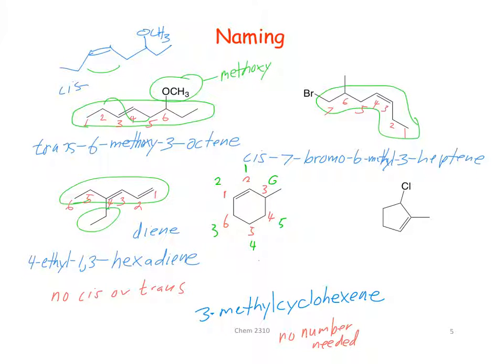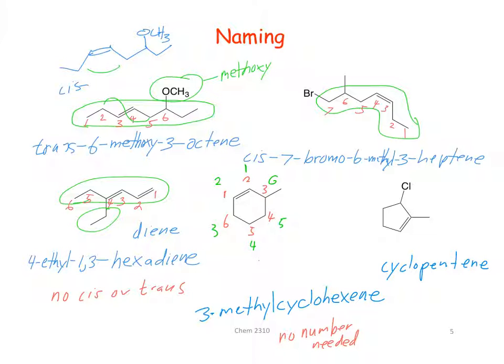Alright, so let's look at the last one here. Okay, so we get a 5-carbon cycloalkene. So that would be cyclopentene. All right, no number needed. And we're going to number this like we did the last one to give the first substituent the lowest possible number.